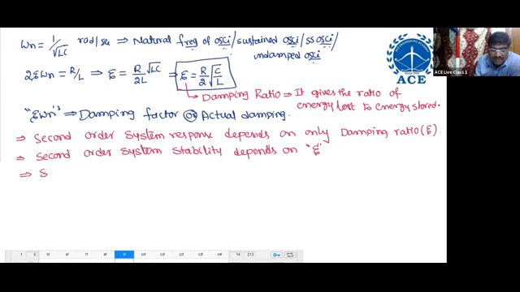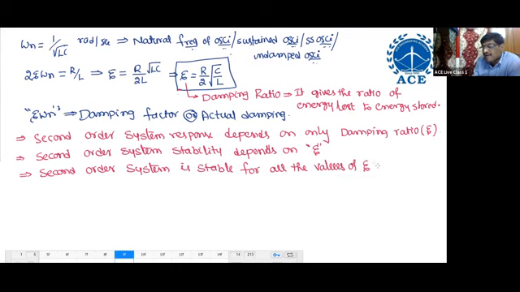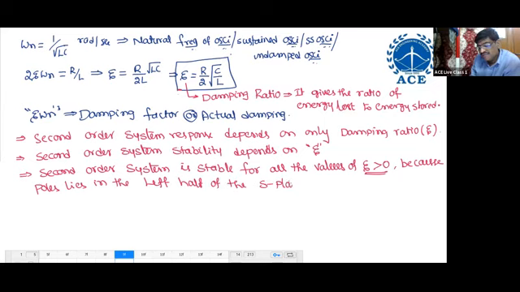A second order system is stable for all values of zeta greater than 0, because the poles lie in the left half of the S plane.